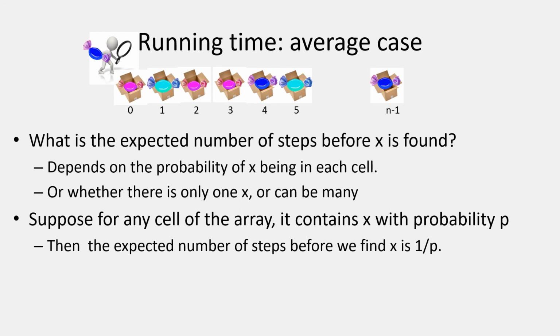On average, you could show that this will be roughly n over 2 time to find something in an array of size n, which by the way is still big O of n. So the complexity of this algorithm on average is roughly the same as complexity in the worst case, unless you're looking for something that occurs with very, very high constant probability.